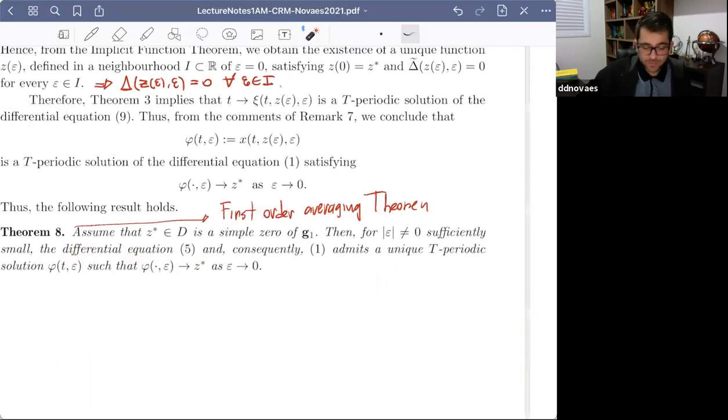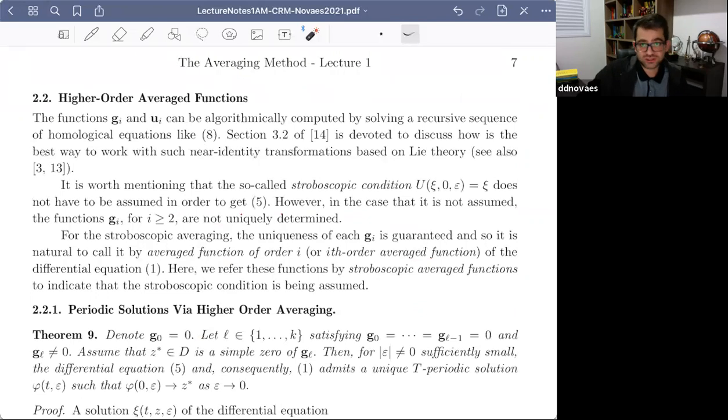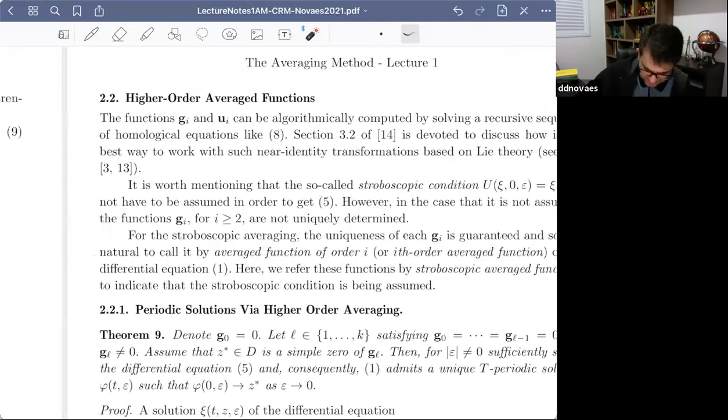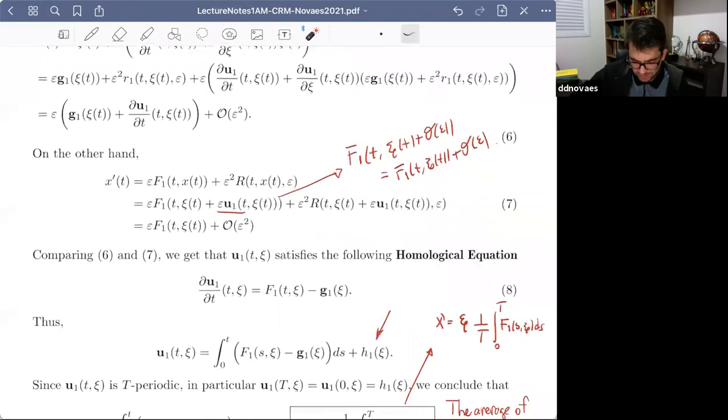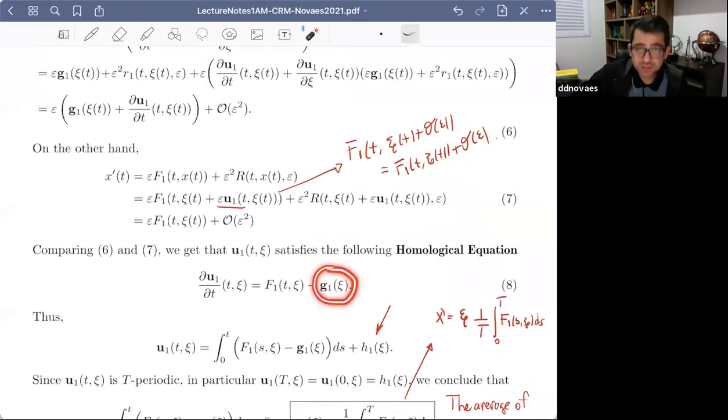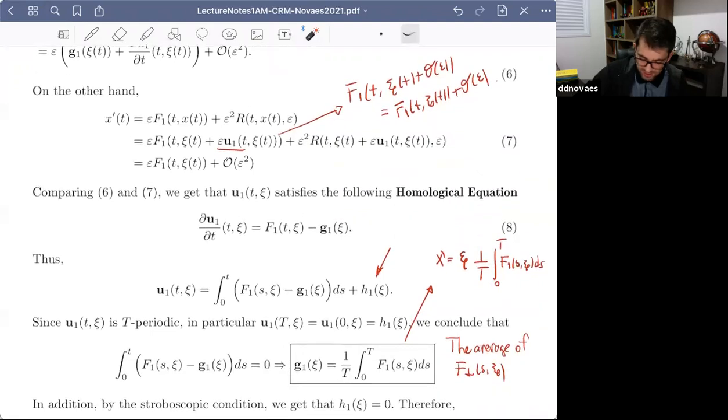Okay, so how about higher order averaged functions? So I'm using the averaging method, I'm computing g1, and the expression of g1 is exactly the average of F1. So since the g_i are uniquely defined by the stroboscopic condition, it seems natural to call these functions higher order averaged functions.